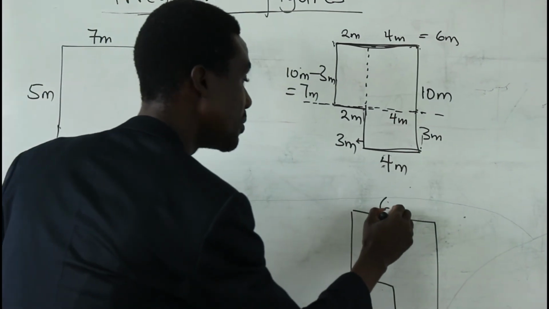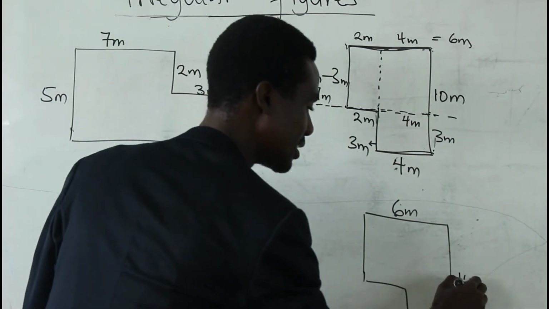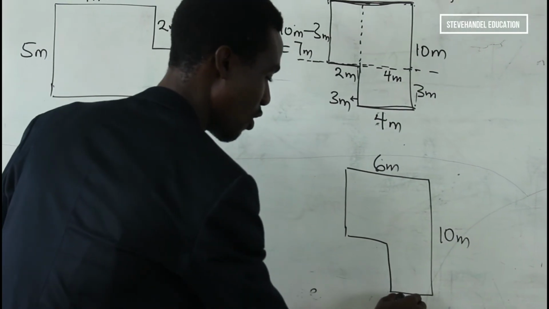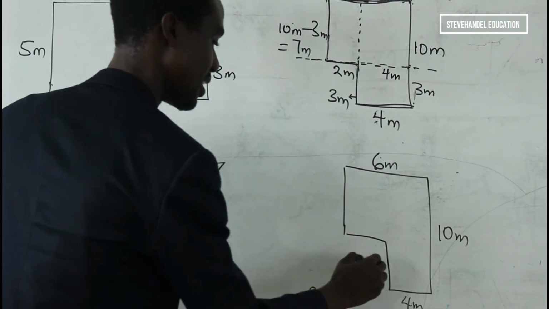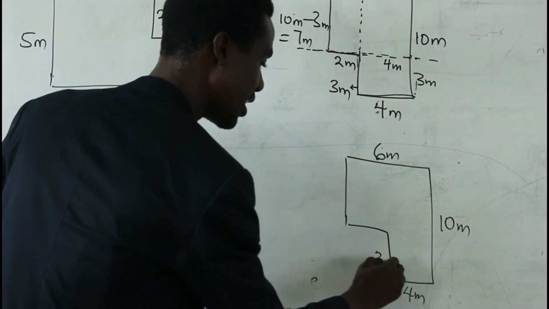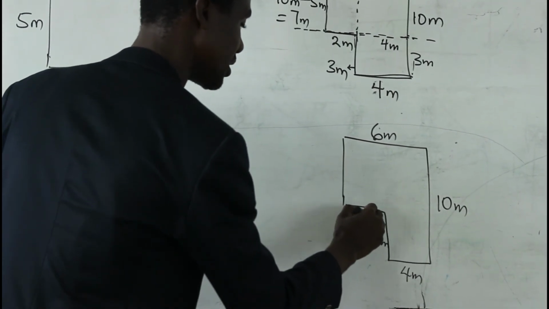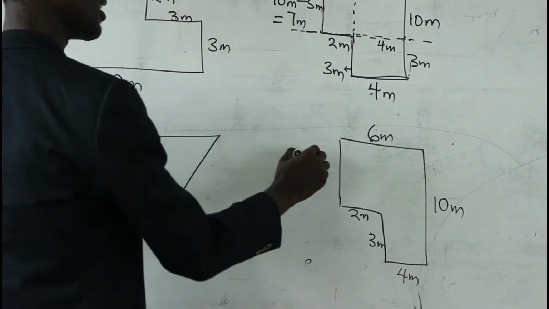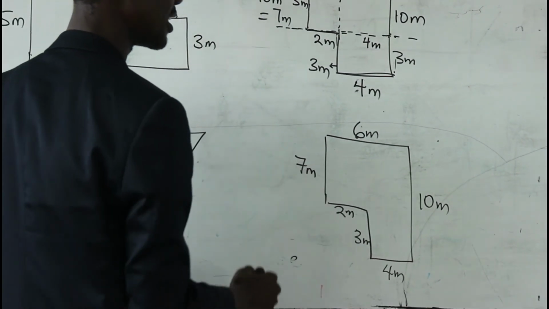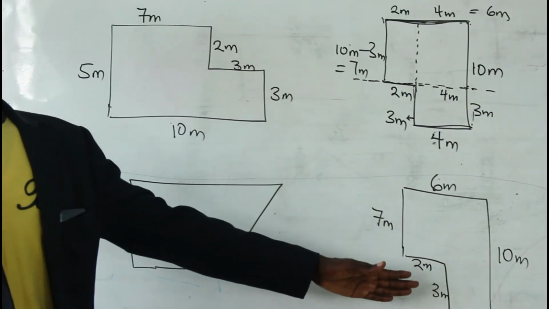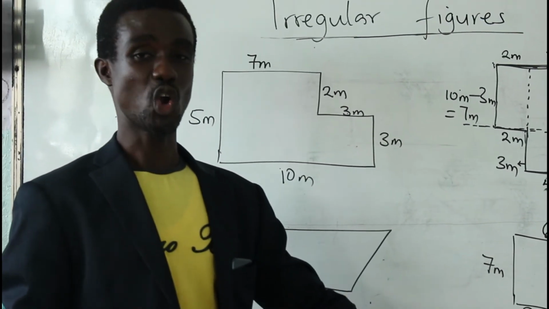So finally, this is how our shape is going to look like. We're going to have 6 meters here, 10 meters on this side, 4 meters here, then 3 meters here, then 2 meters there, then finally 7 meters here. Now you are set to go. You can easily calculate your perimeter.